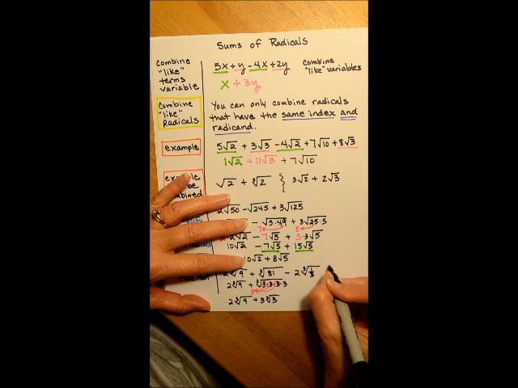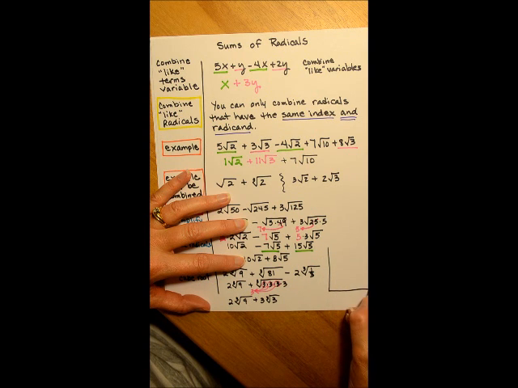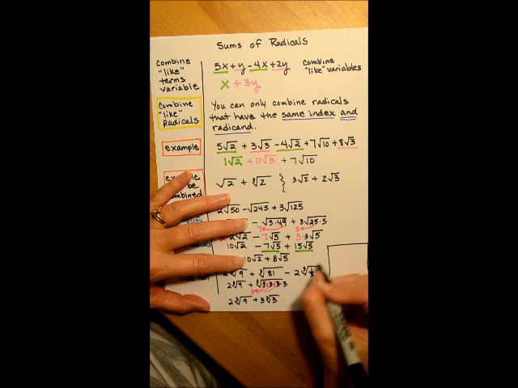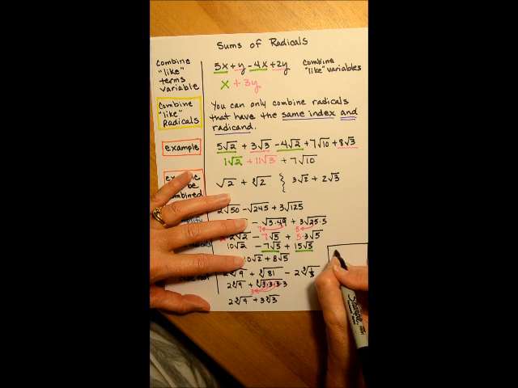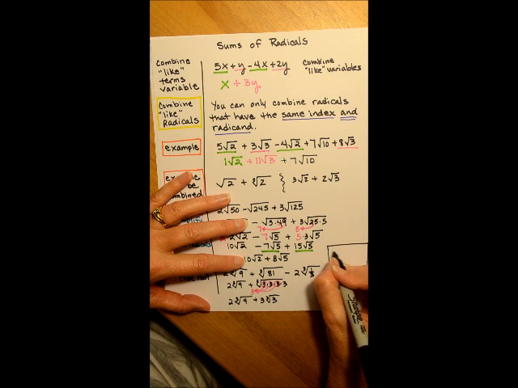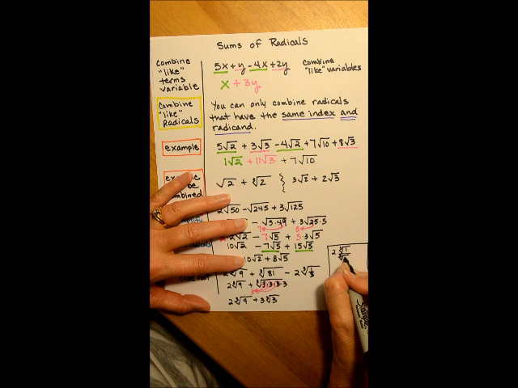This guy's a little more difficult, so I'm going to put him in a little box. Okay, so this one, what you can do is you can split this up. So I'm going to have 2 cube root 1 over cube root 3.